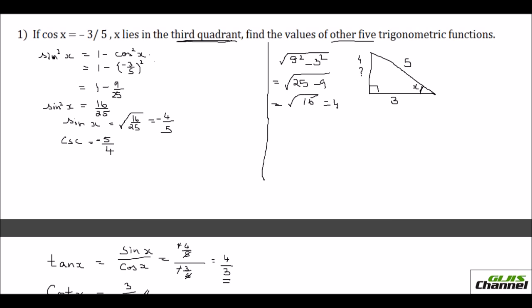Since you know all the sides, it is easy for you to write the 6 ratios. I would say sine x equals opposite over hypotenuse, okay? Cos x would be adjacent over hypotenuse. Tan x is equal to opposite over adjacent, right?